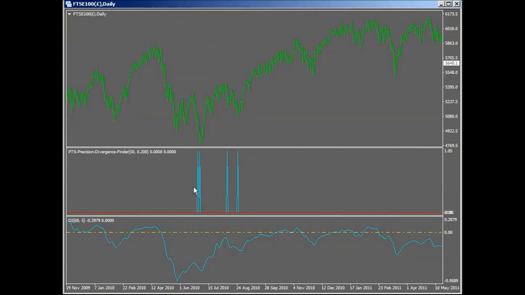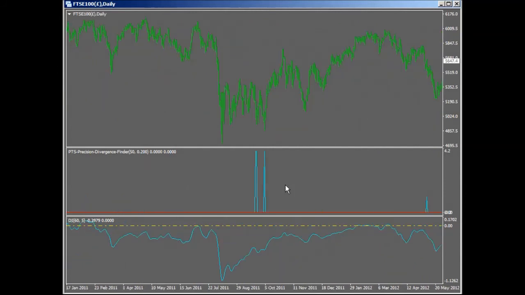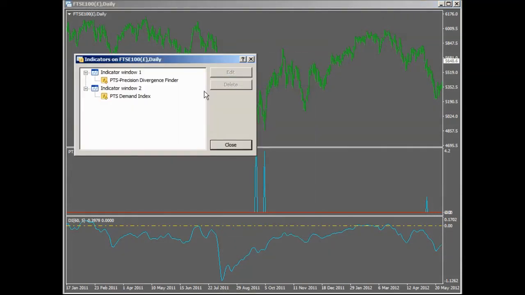The theory is that if there's an extreme low in the price and an extreme low in Demand Index, there will be another lower low following shortly, and vice versa. It doesn't always work. There's one that didn't work. I don't want to confuse you, so I'm going to take that off.